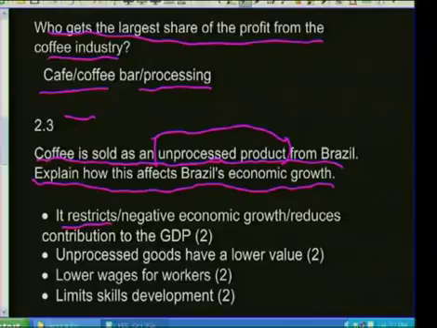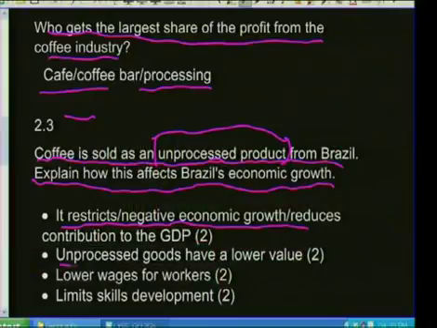It restricts economic growth. Restrict. That's part of your answer because it says explain how it affects economic growth. All right? So here you need to comment whether it promotes or it actually has a negative impact. Obviously, there were 4 marks for this.